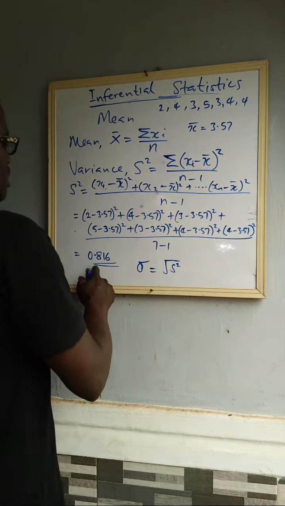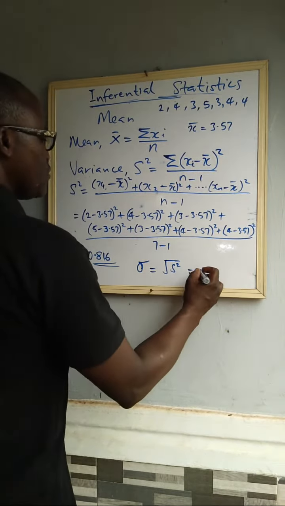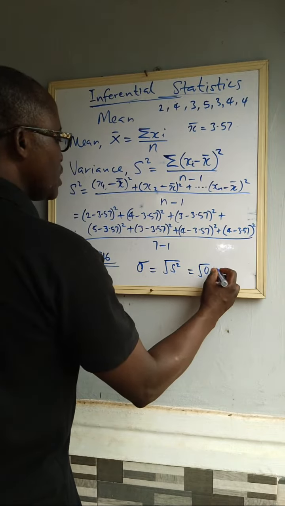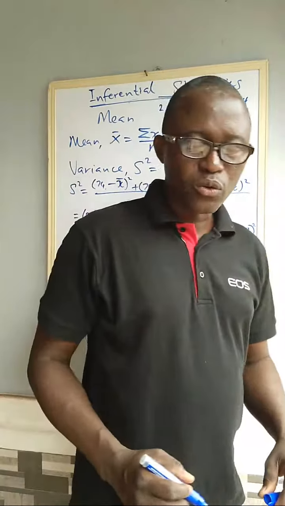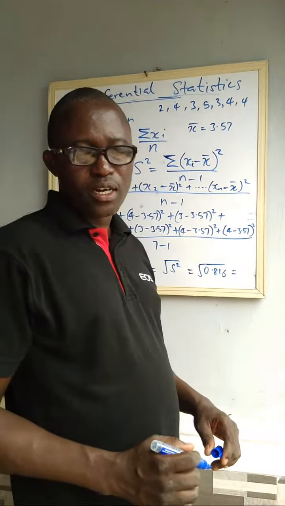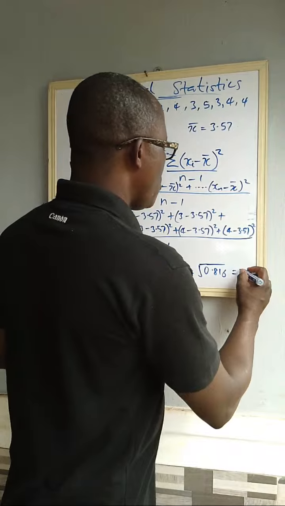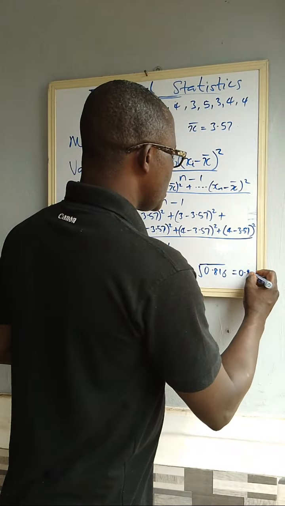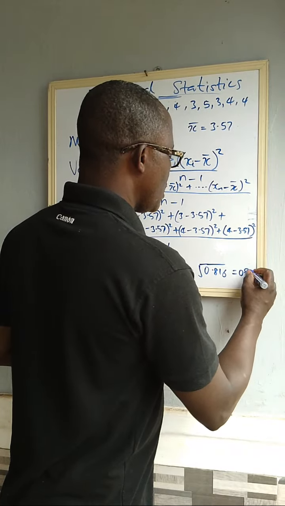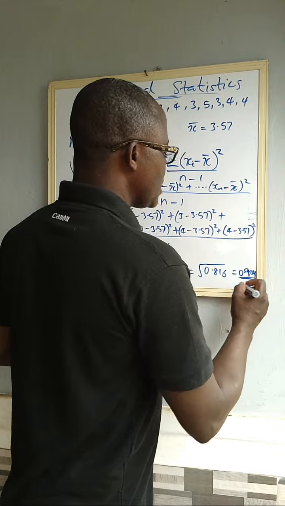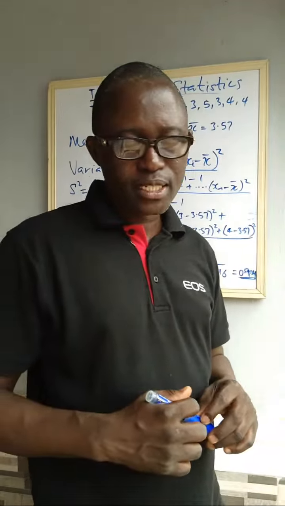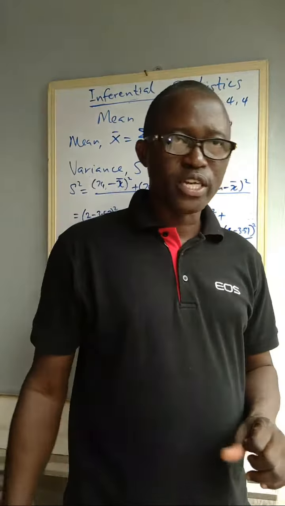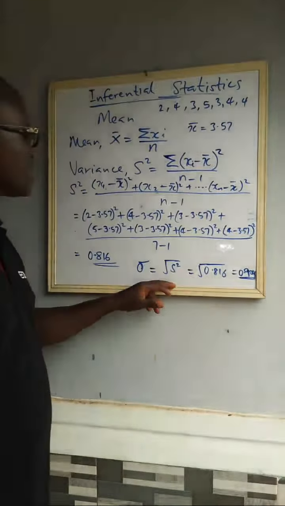So if you take the square root of 0.816, that is the standard deviation now, which is 0.904. That's the answer. You can confirm that at your own end. That is the standard deviation.